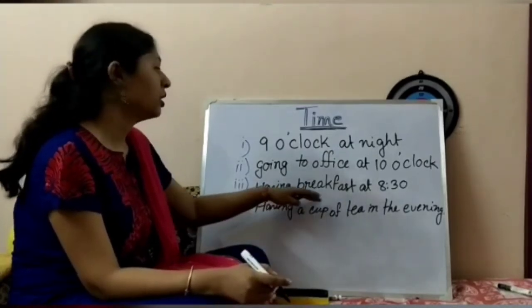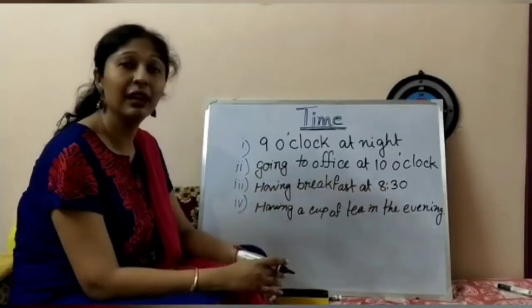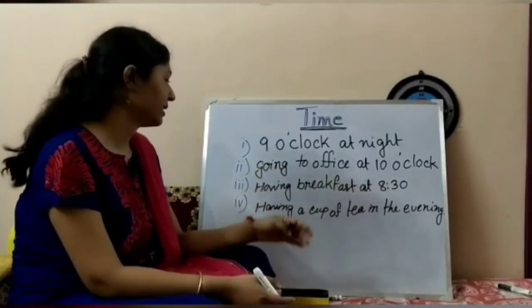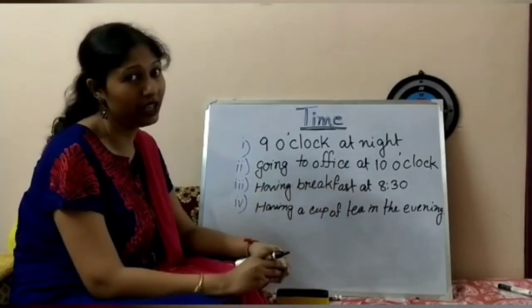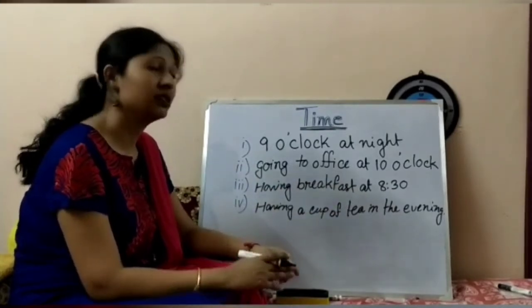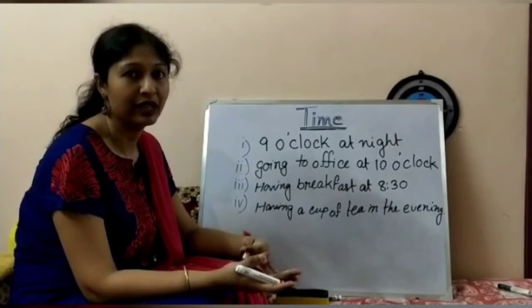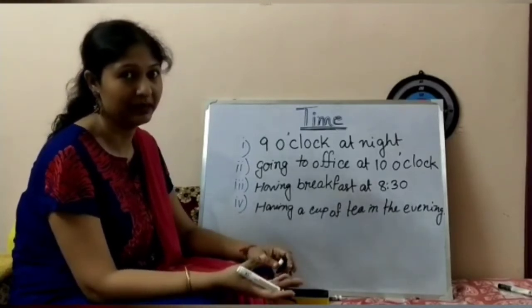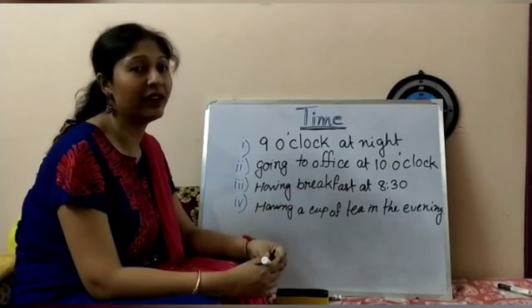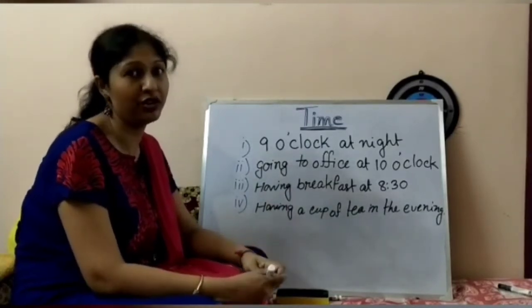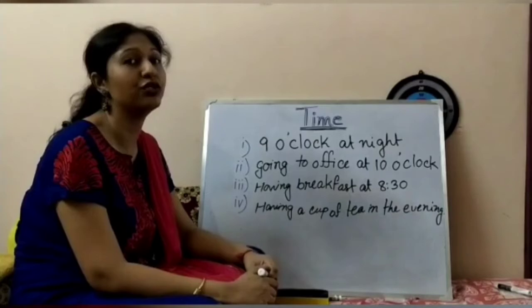So that is 8:30 a.m. Again, have a cup of tea in the evening. Evening means it is PM time, after midday. So this is the way we can easily rectify what time we should write down AM and when we should write down PM.